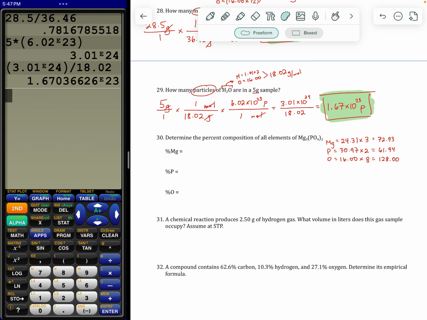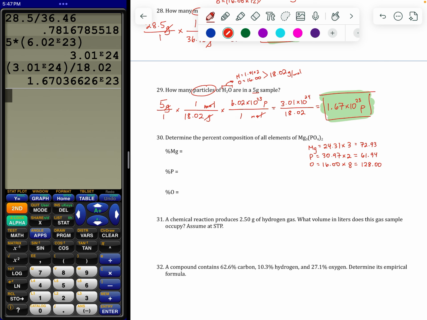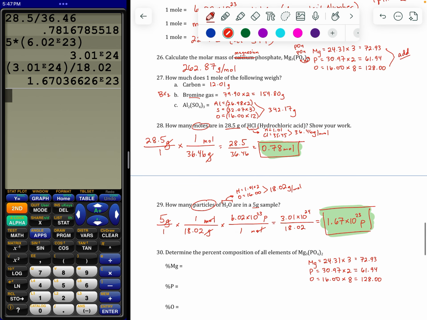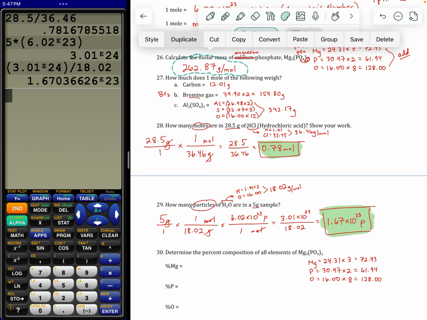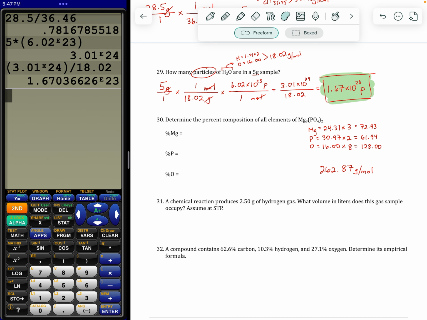And so we actually have all of our values here, and we ended up knowing that the total mass for magnesium phosphate up there was 262.87 grams per mole.